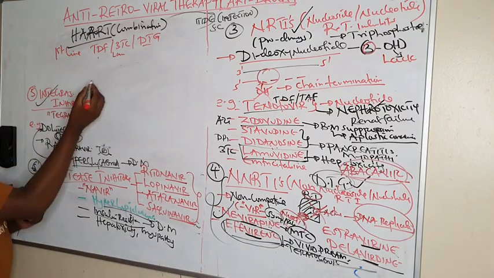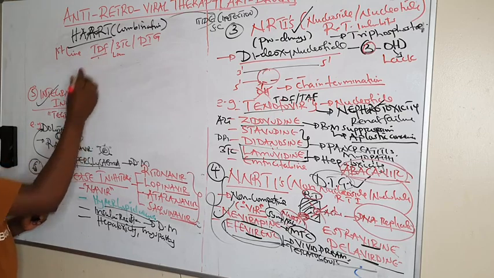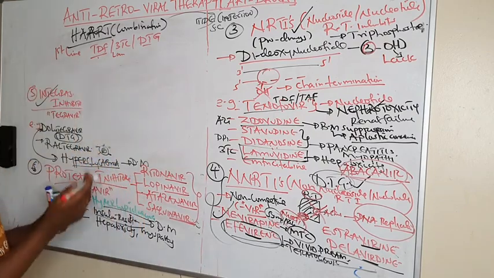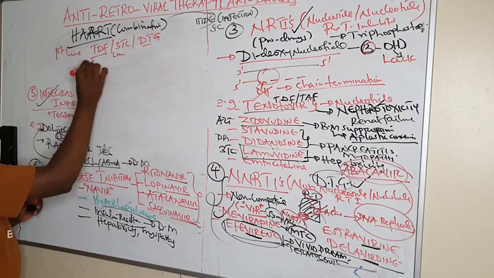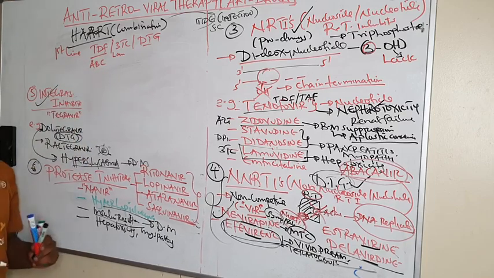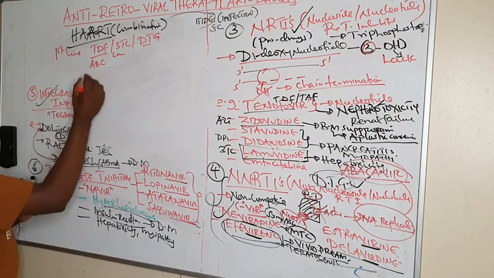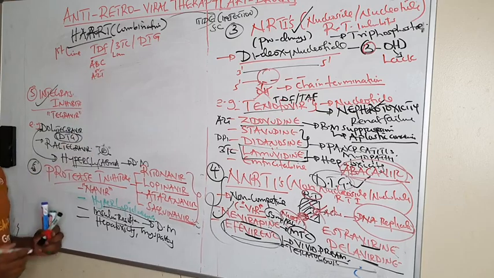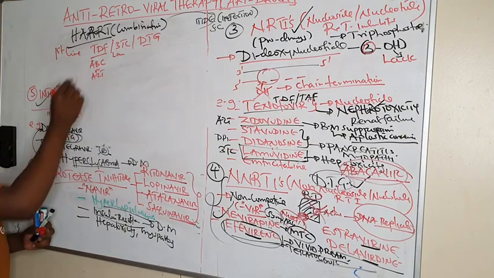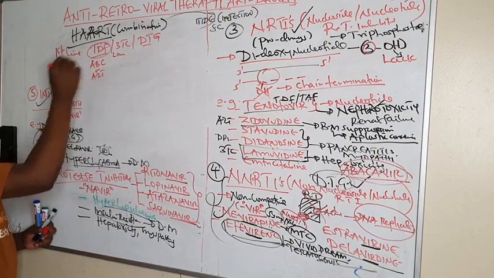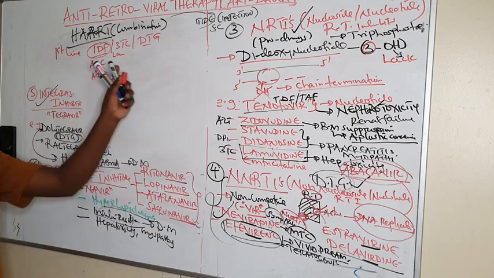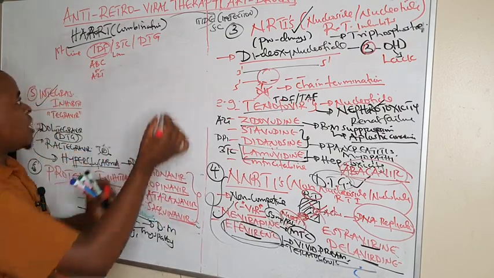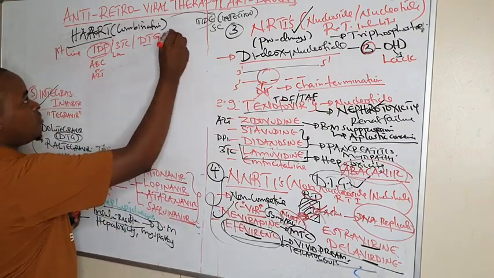But if someone cannot tolerate TDF, maybe they have renal failure, you can replace TDF with abacavir, ABC, or you can replace TDF with AZT, so long as someone is not having anemia. That is in case you cannot give TDF. And if this patient is hyperglycemic or is having diabetes mellitus, you can replace DTG with efavirenz.